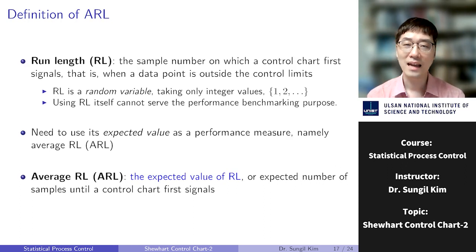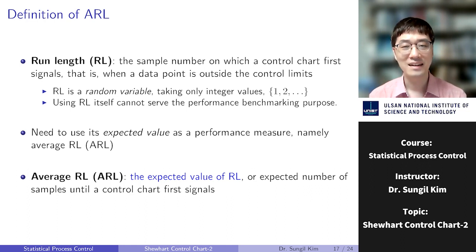As the name says, ARL is the average of RL. Then what is RL? RL is the sample number on which a control chart first signals. That is, RL is the sample index when a data point is outside the control limit for the first time.